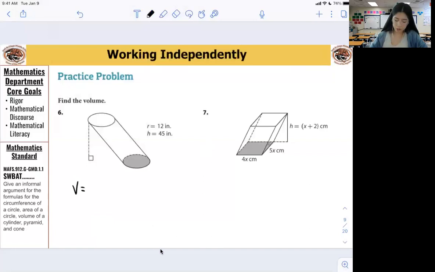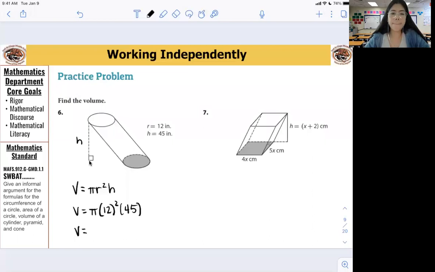Pi r squared h. And this is the height right here. Just like what I was saying before, Tyrone, when you measure height on an oblique figure, an oblique cylinder or an oblique prism, you're going to measure this height from the top straight down to the bottom. So we would get pi times 12 squared times 45. And have your final answer in terms of pi.